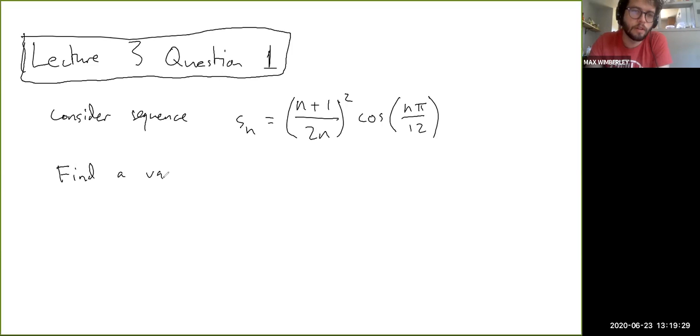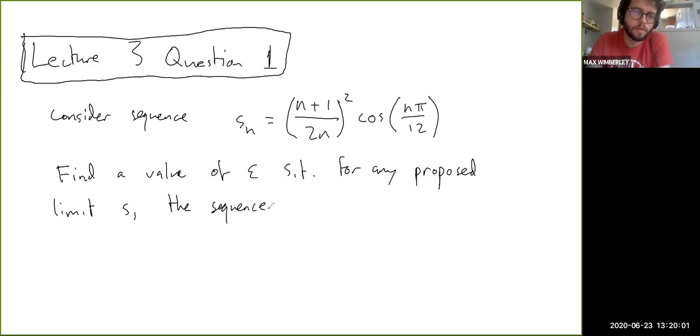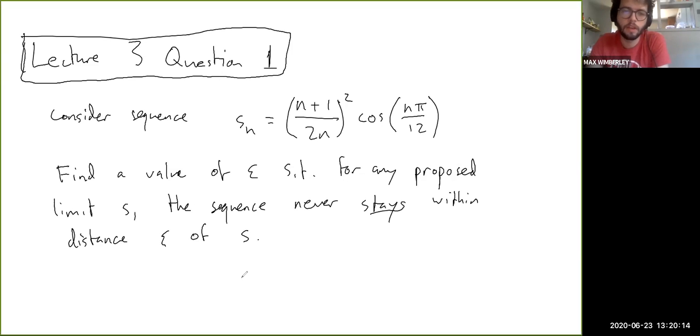Find a value of epsilon such that for any proposed limit S, the sequence never stays within distance epsilon of S, okay?